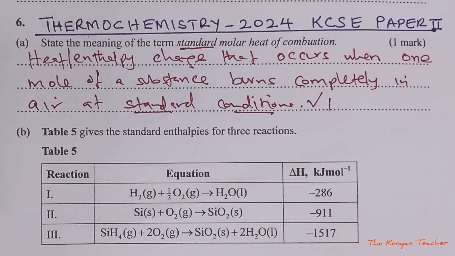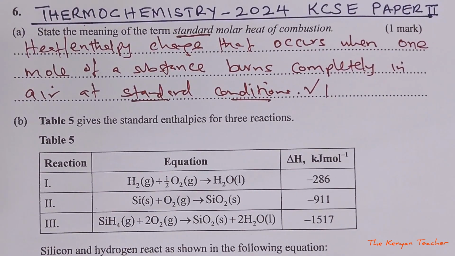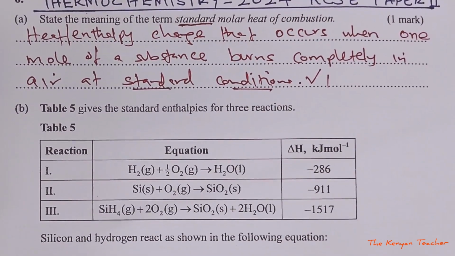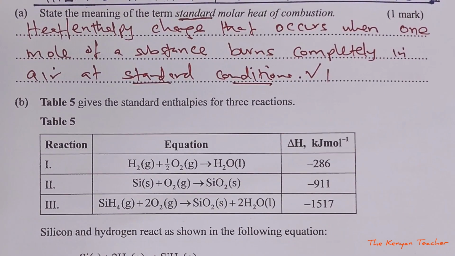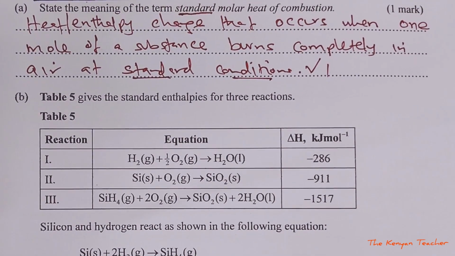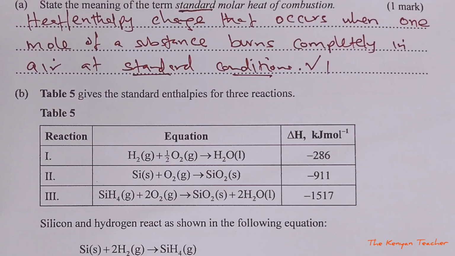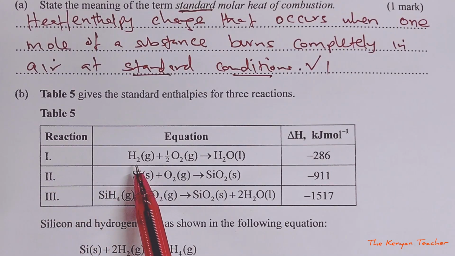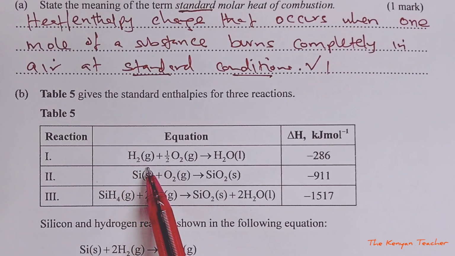So we are told table 5 gives the standard enthalpies for 3 reactions. So if we look at these 3 reactions and going by the definitions of the various enthalpy changes that we learned in class, reaction 1 can authoritatively be called the molar heat of combustion of hydrogen.